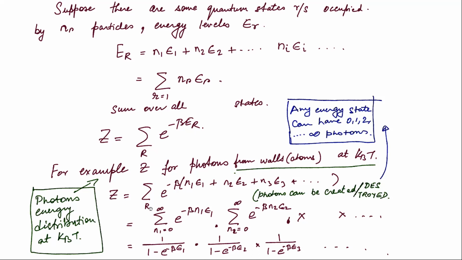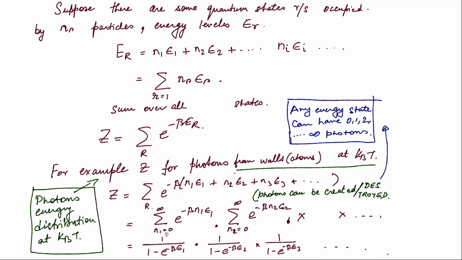The calculation of the partition function involves the sum over different microstates, where different microstates have different numbers of particles with energy epsilon 1 and epsilon 2, which can vary from 0 to infinity, I mean a very large number, and so on for the number of particles with energy epsilon 2 and so forth. But since particles can be created or destroyed, we don't consider interaction.